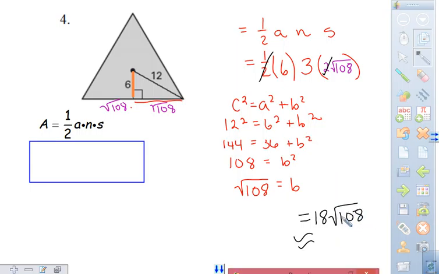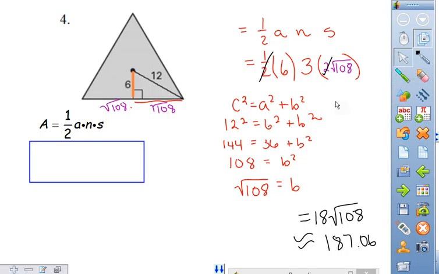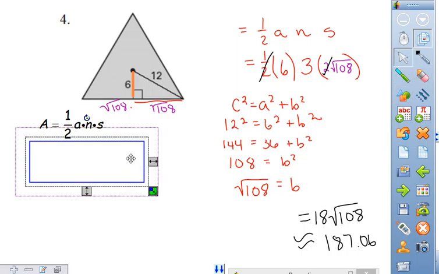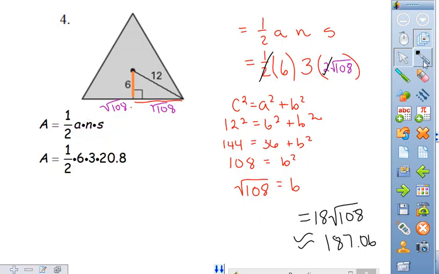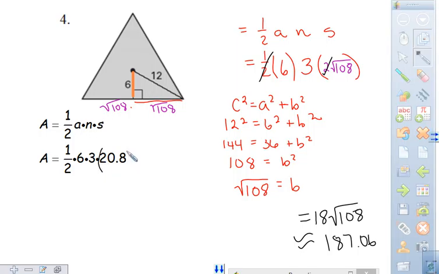And if you work that out, you get approximately 187.06. So if I approximate square root of 108, I get about 20.8. Number of sides was 3, apothem was 6.